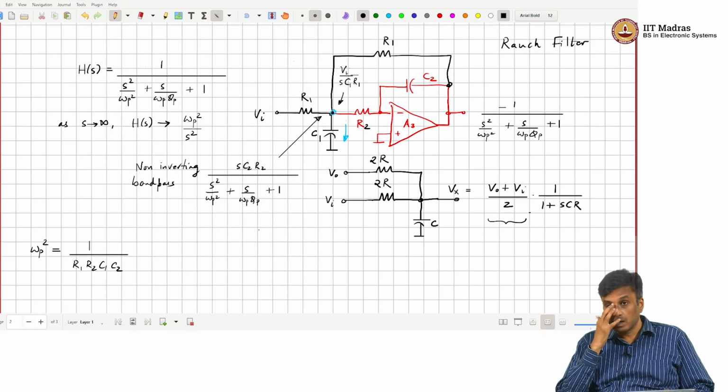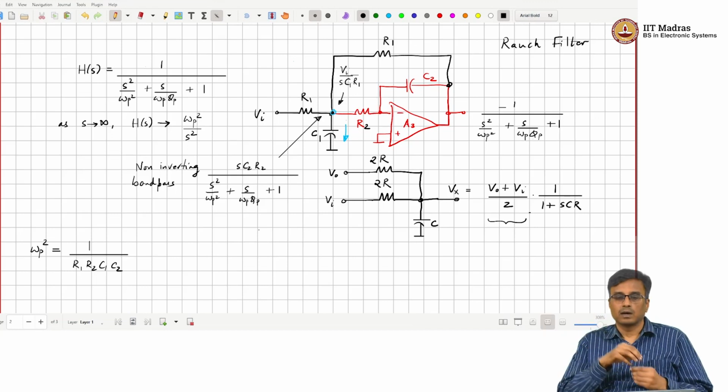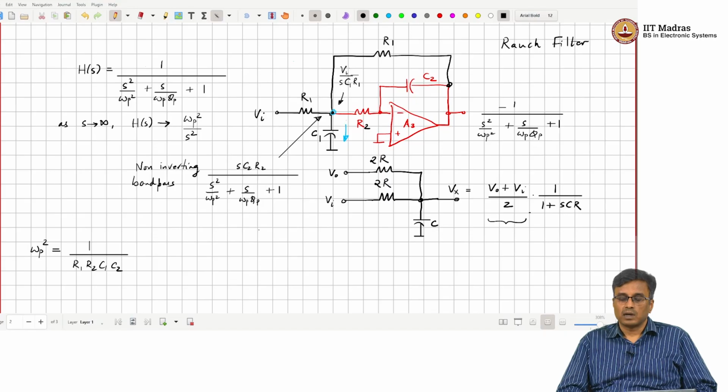Of course, nothing comes for free. While the component count is smaller, it is indeed sensitive to stray capacitance. Any stray capacitance in parallel with C1 will cause a deviation in the transfer function.